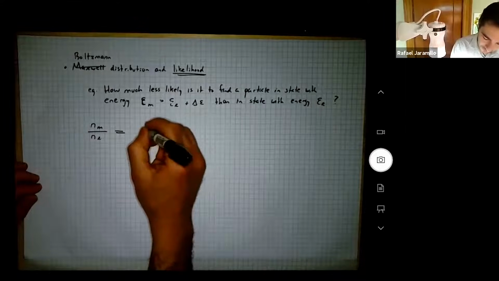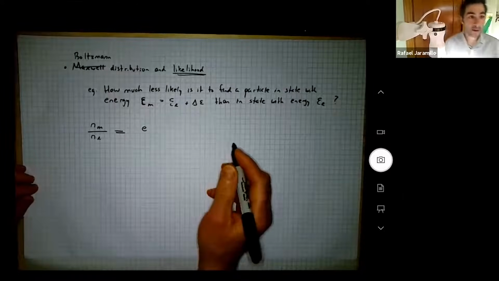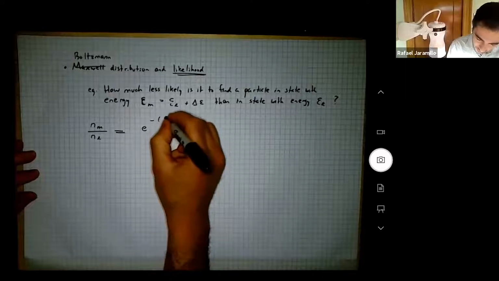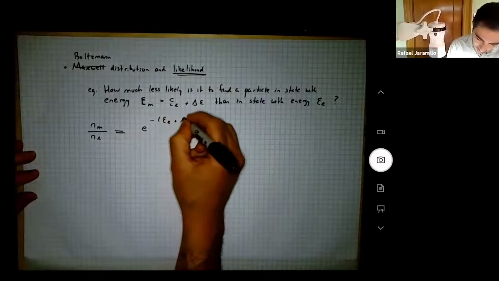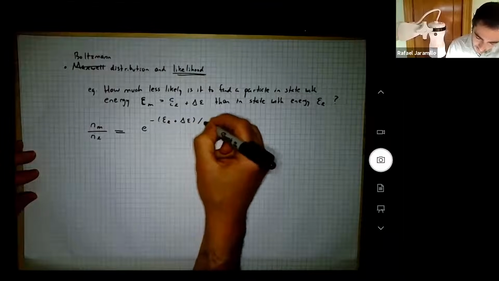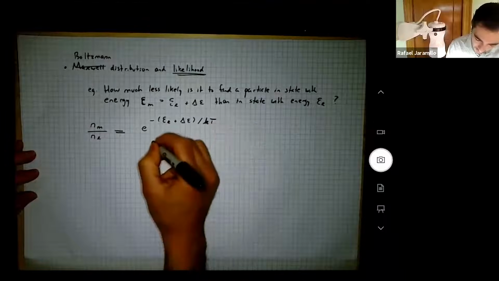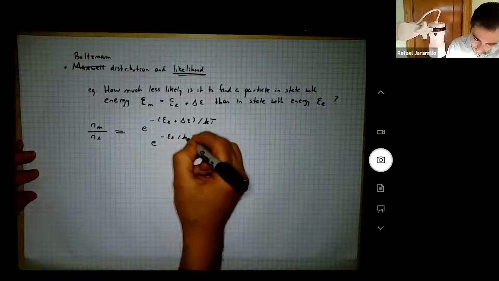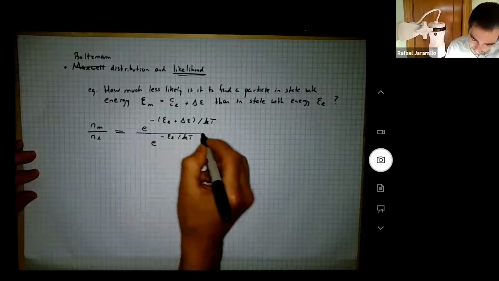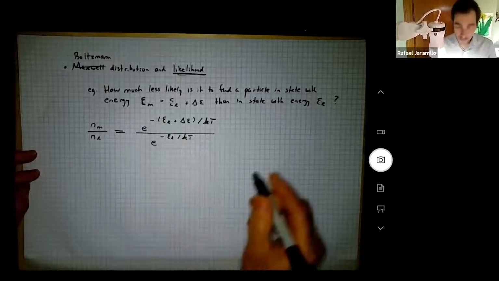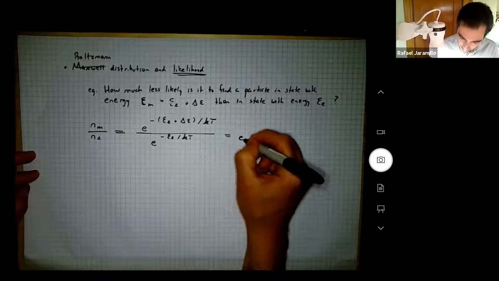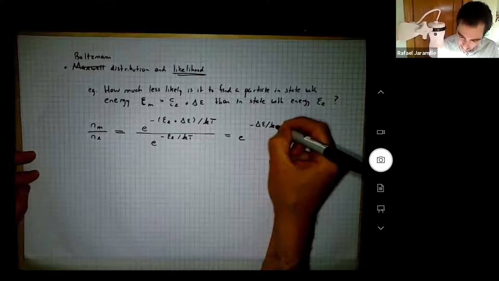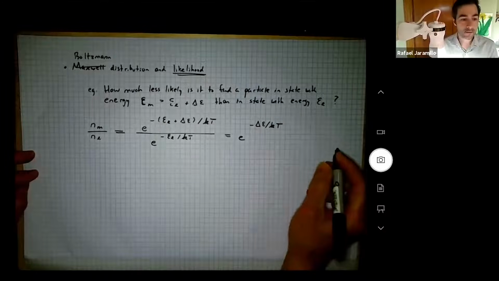And you'll find the partition functions cancel out, and you get e to the minus (epsilon L plus delta E) over kT, over e to the minus epsilon L over kT. And so the e to the minus epsilon L's cancel, and you get e to the minus delta E over kT.